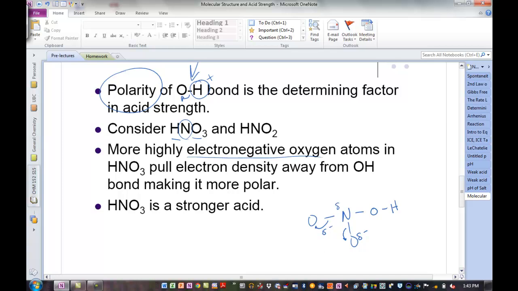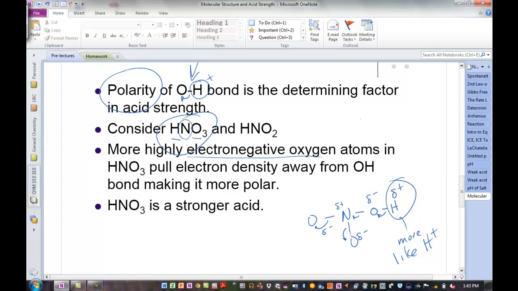That will create a partial positive on nitrogen, but nitrogen's a highly electronegative element, so it's going to say, well, I'm going to try to steal some electrons from oxygen over here, even though oxygen doesn't want it, and then oxygen's going to steal from hydrogen, and that will make this bond more polar, more like an H+, easier to donate as an H+. So nitric acid, HNO3, has more electronegative oxygens, makes that OH bond more polar. This is more like an H+, and is more readily donated as a hydrogen ion.